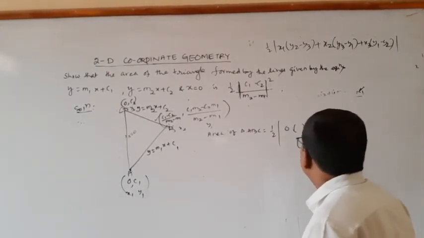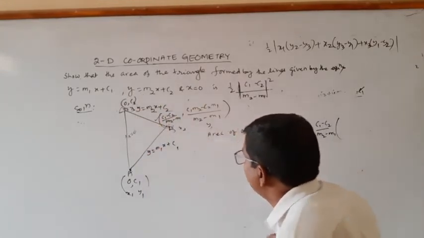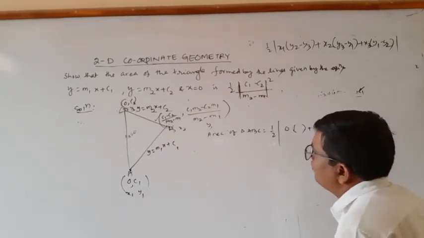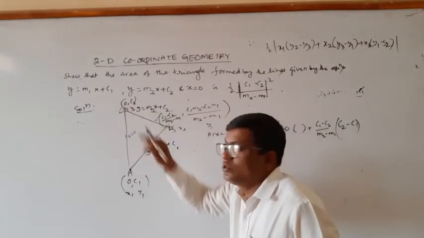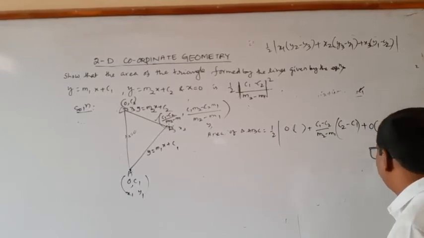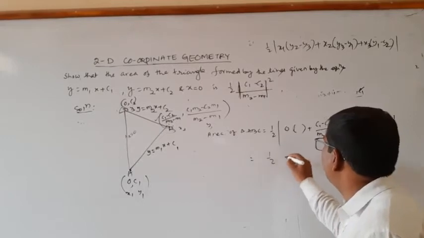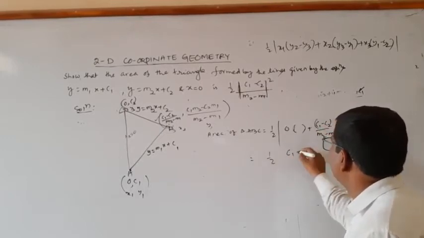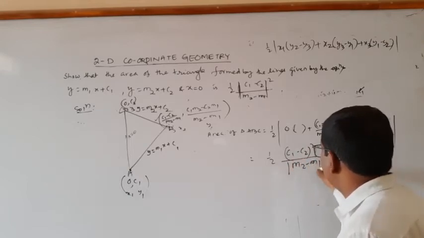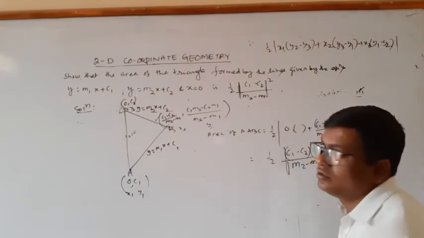So y3 minus y1 is c2 minus c1. Now what is x3? It is 0, so 0 into any number is obviously 0, so no need to write here. Now the area of the triangle is half of (c1 minus c2) whole squared divided by mod of (m2 minus m1). You can put the whole thing in mod.